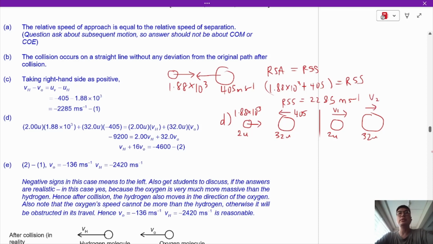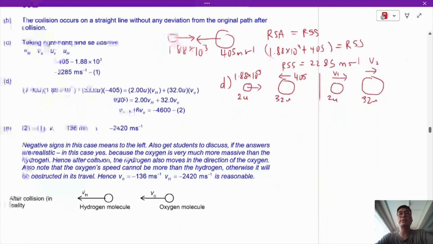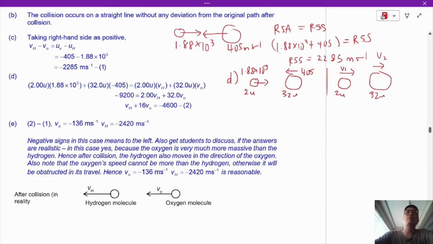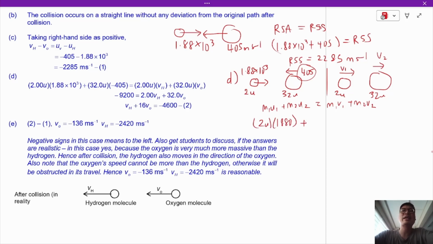Now, the reason we do this is because if the velocities turn out to be negative, then we know it's to the left. Now, using conservation of momentum, where m1u1 plus m2u2 is equal to m1v1 plus m2v2, we remember that all velocities going to the left are negative. So let's write down 2u multiplied by 1880. I don't like to write 10 to the power of 3.